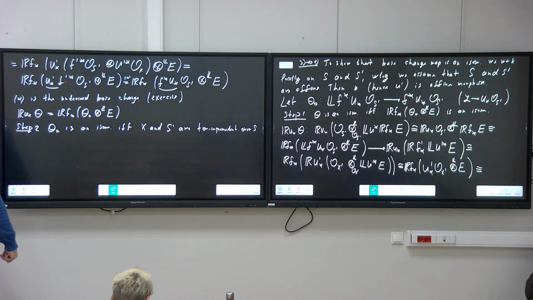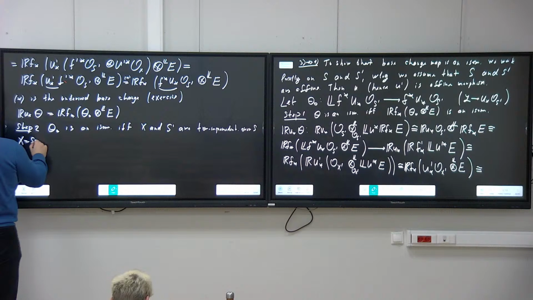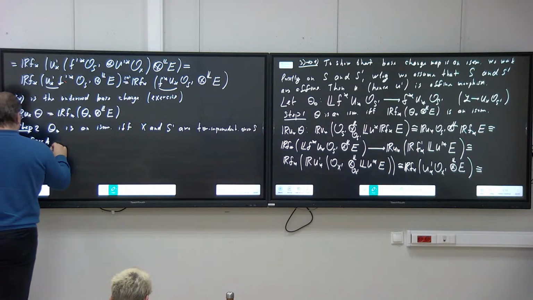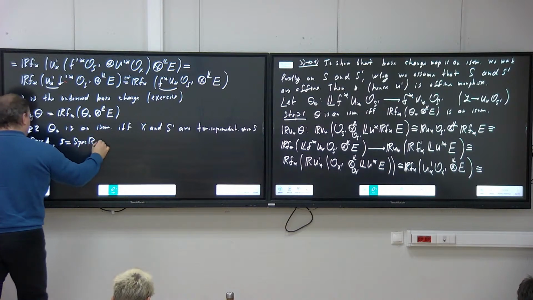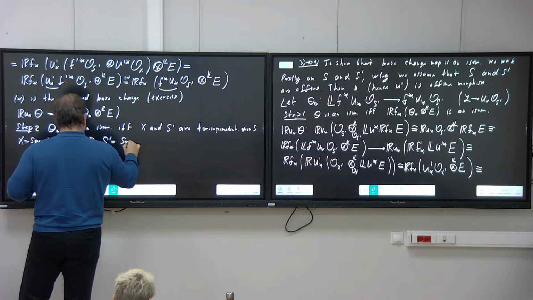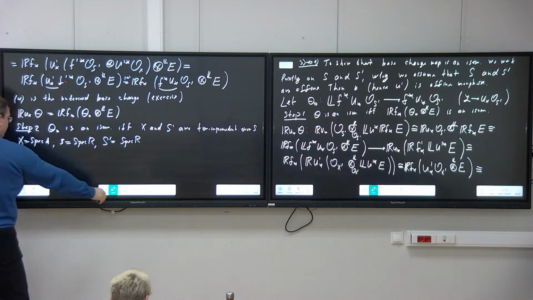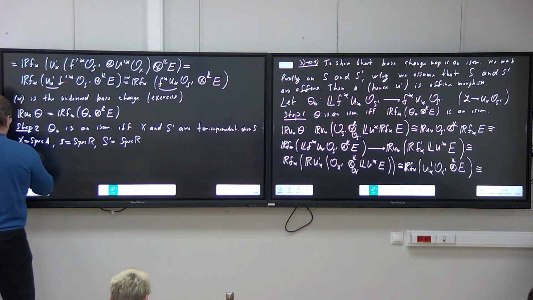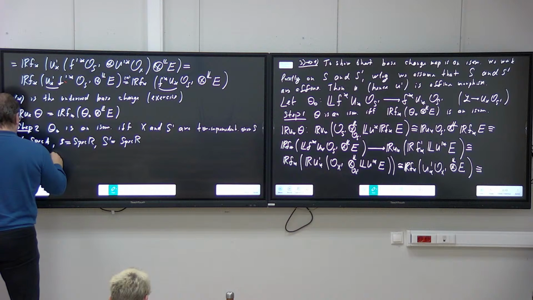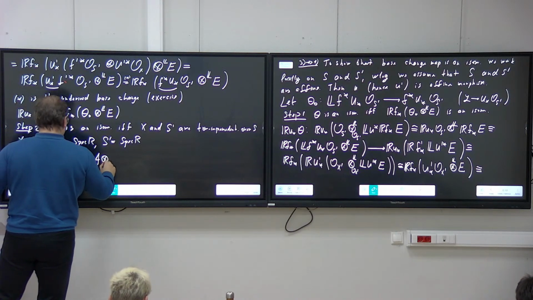That's a very simple statement, because again, we can work locally. We can say that x is the Spec of A, s is the Spec of R, and s prime is the Spec of R prime. So if we try to understand this map theta 0, this is precisely the A tensor product over R, the derived tensor product with R prime, to the underived version of the same tensor product.